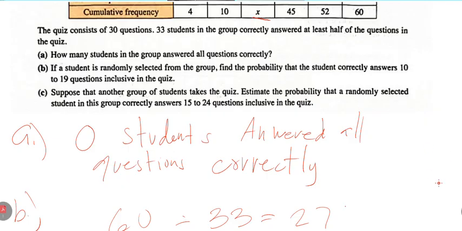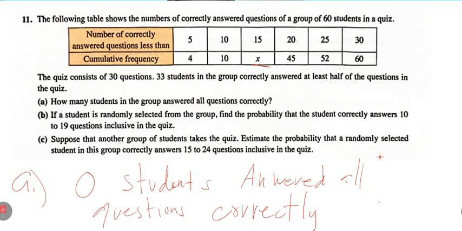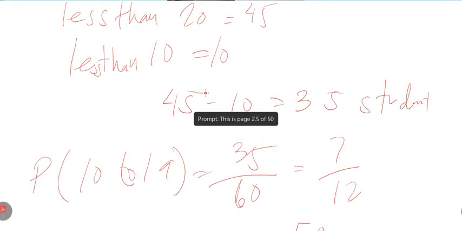Now, let's look at the numbers. For less than 25, it's 52. For 15, we have 27.